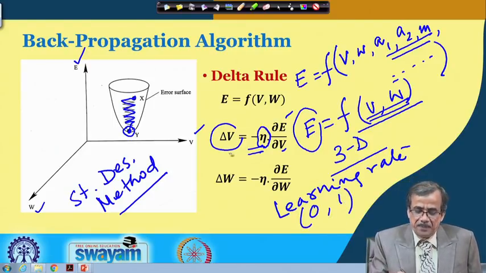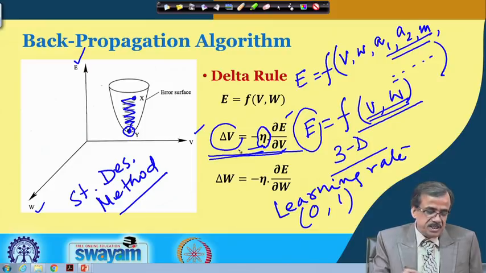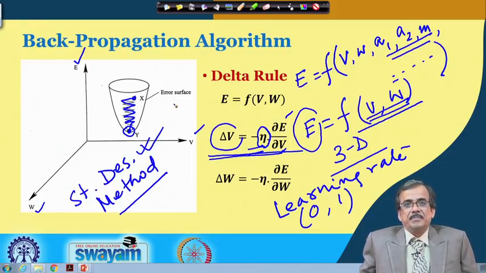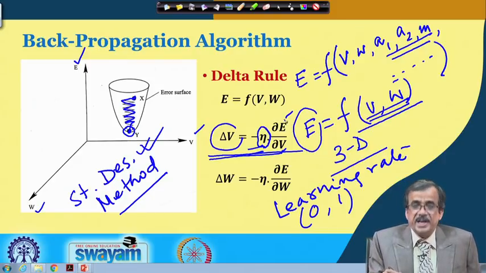If I compare this expression with that of the steepest descent method, the search direction is decided by minus del E del V, that means I am moving in a direction opposite to the gradient.